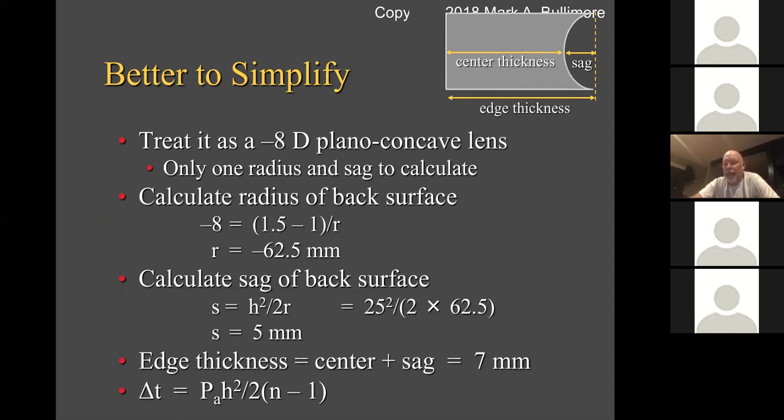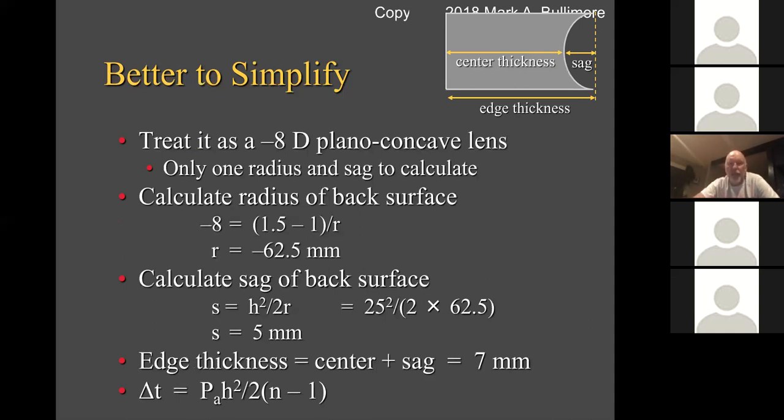You've probably, again, from Dr. Yoshinaga, remembered a formula that looks like something at the bottom. The difference in thickness between center and edge is the approximate power times h squared divided by 2 times n minus 1, okay? Whichever you use, whether you go through it step by step or whether you use a one-stop formula like the one at the bottom, it's fine.